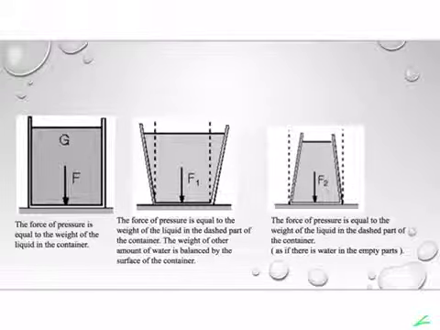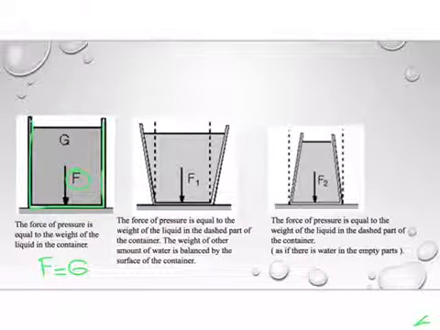We have some conditions here. If your container is like this, a cylinder, then the force of pressure is equal to the weight of the liquid in the container. The force of pressure at the base of the container is equal to the weight of the liquid.